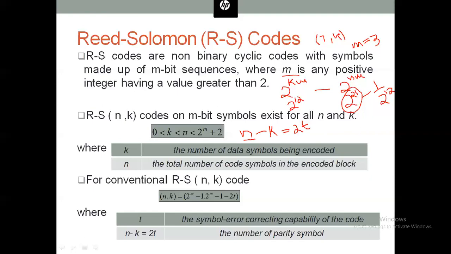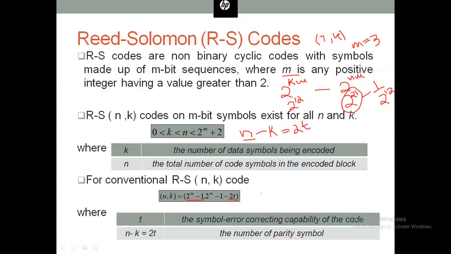So the value of n is 2^m minus 1, and the k value is 2t less than the n coded symbols.